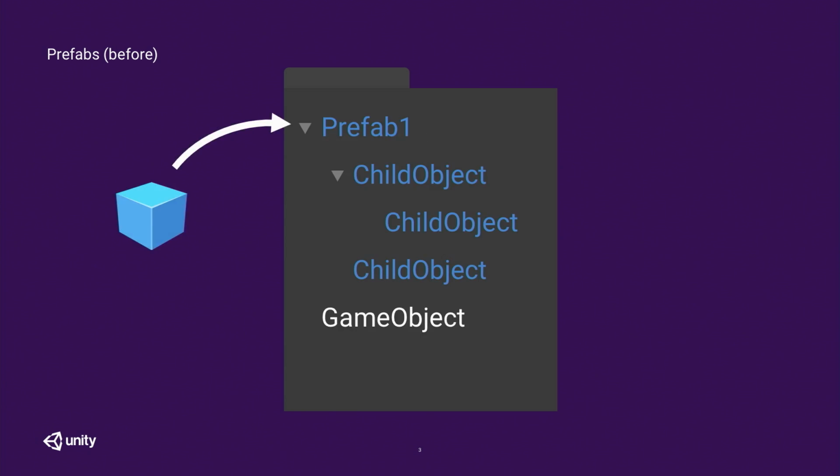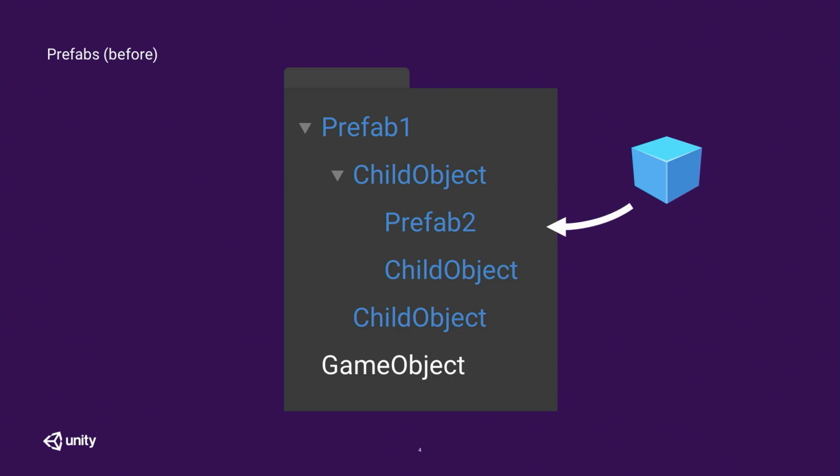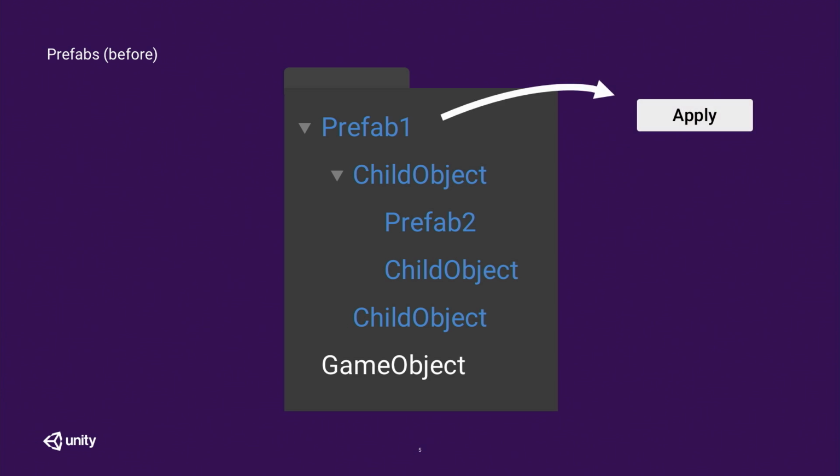It could have some child objects, and then we could potentially insert another prefab inside it. But as soon as we hit apply, we lose that prefab, right? So there was no nesting. And also we had this apply-based workflow. This is prefabs up until now, up until 2018.2.